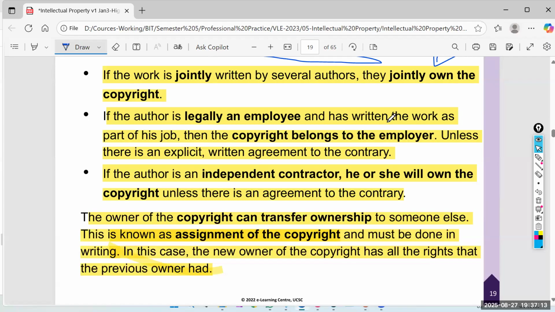You can't say that I wrote this code and the copyright is with me. But in some very special cases, your contract of employment may mention that you also have the copyrights for certain code. Then only you have the copyrights. Otherwise, in general, the copyright goes to the employer.